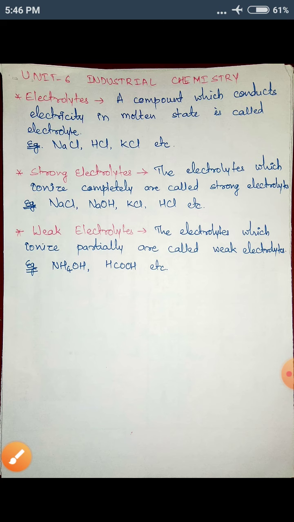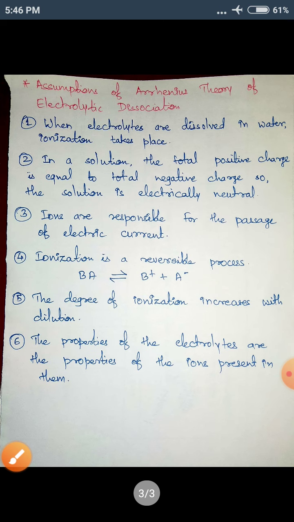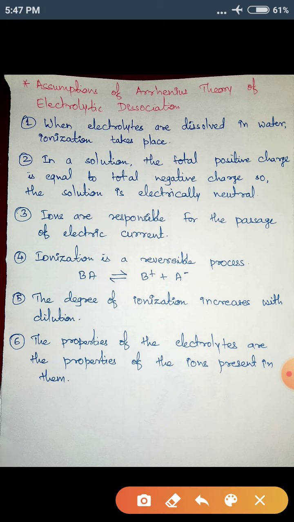Okay, then we have the Arrhenius theory of electrolytic dissociation, and we'll be studying the assumptions of Arrhenius theory. The first assumption is that when electrolytes are dissolved in water, ionization takes place. Whenever we add an electrolyte into water, ionization takes place. For example, take KCl, potassium chloride.